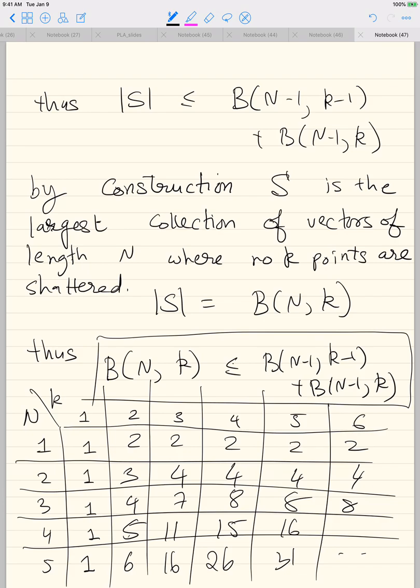And there is a lemma. You can also use this recursion and properties of the n choose k function to complete the proof.